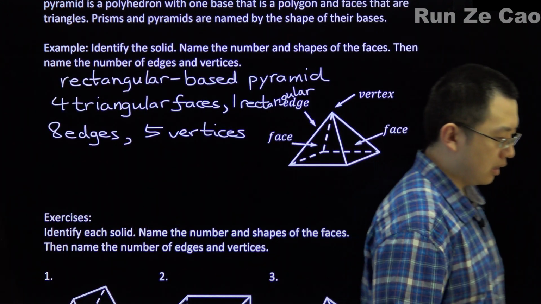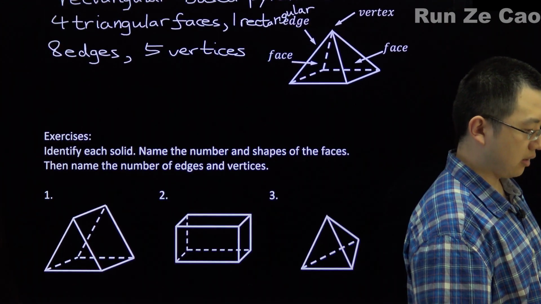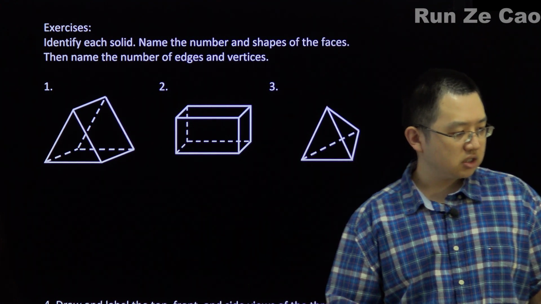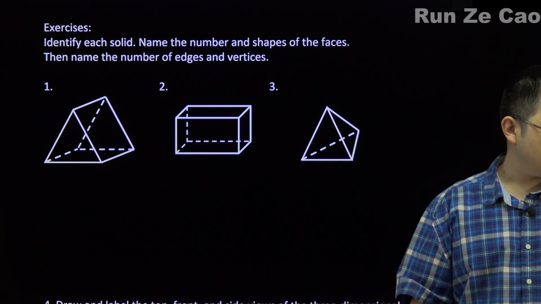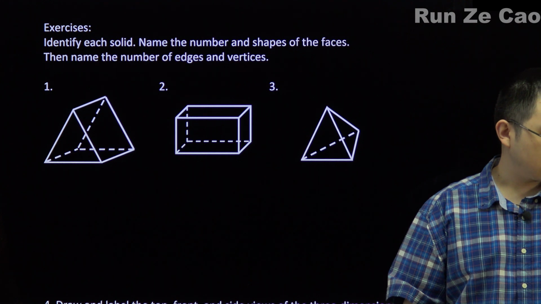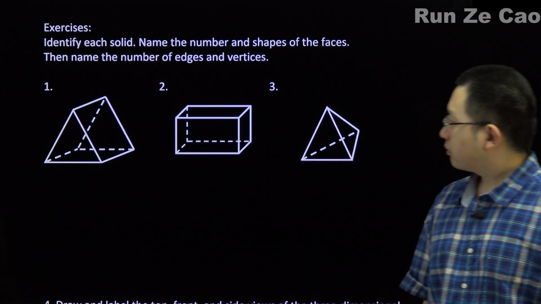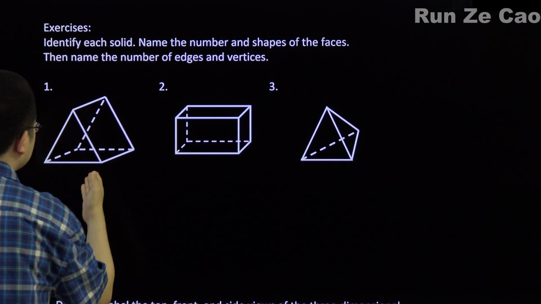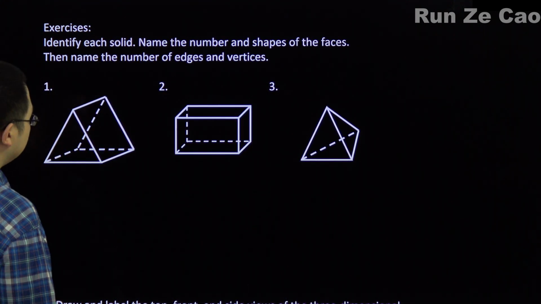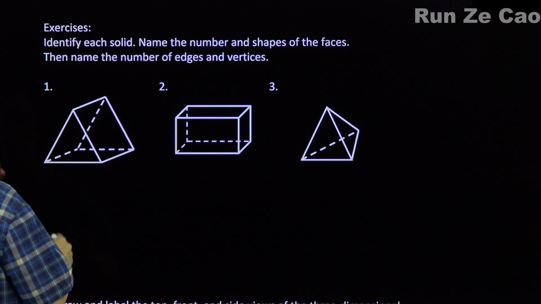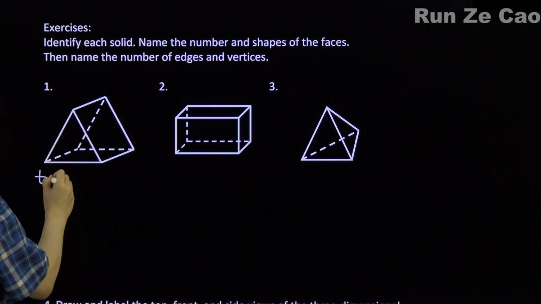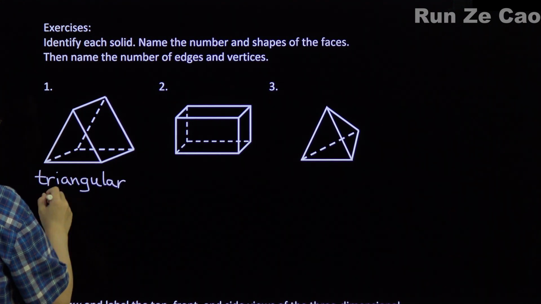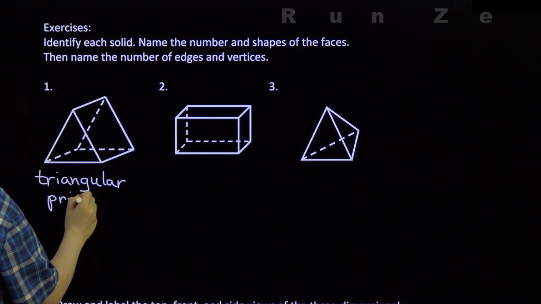Okay then, let's say we have exercises to identify each solid. Name the number and shapes of the faces, then name the number of edges and vertices. Identify each solid. This is a triangle-based prism, or more often, just triangular prism.